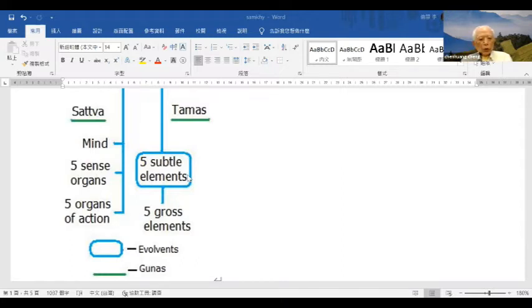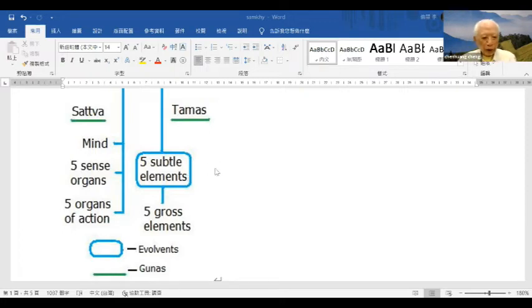And the five gross elements are the accumulation of the five subtle elements. Five subtle elements means we cannot see them with our physical eyes. They are subtle, but they exist. And the five gross elements, the accumulation of the five subtle elements, we can see with our physical eyes.